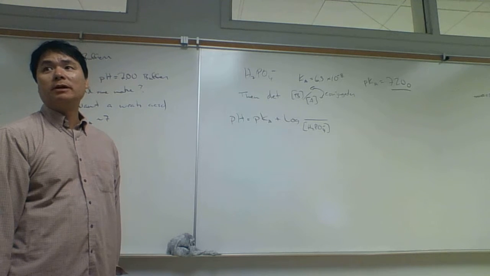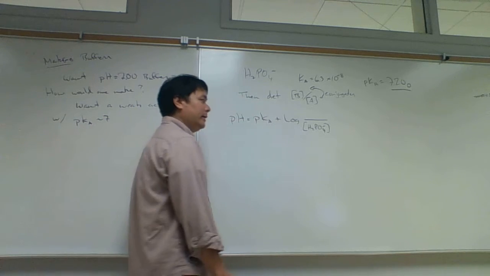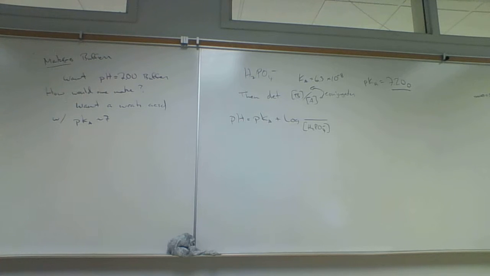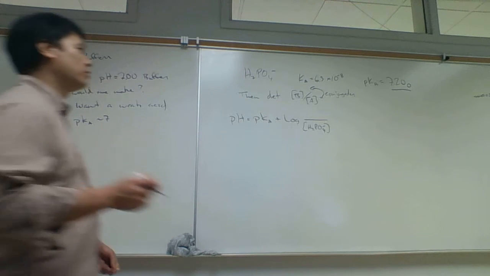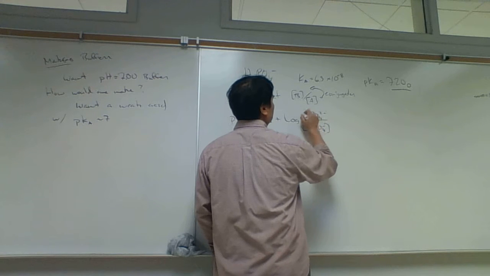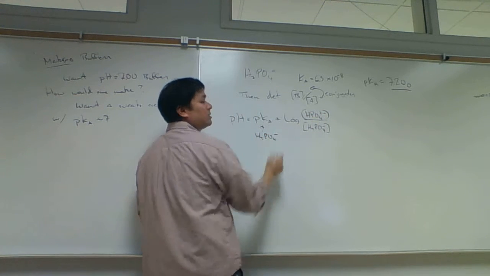What is the conjugate base of H2PO4 minus? H3PO4 would be the conjugate acid, so this has to be the acid. Therefore, the base has to be HPO4 2 minus. That's because H2PO4 minus is our acid.